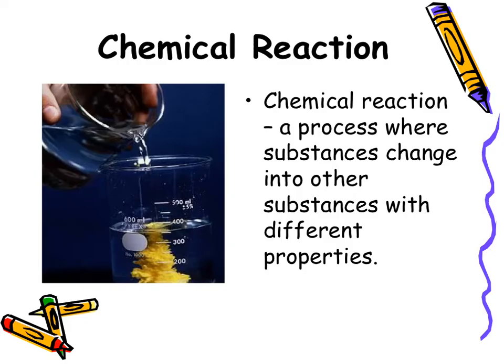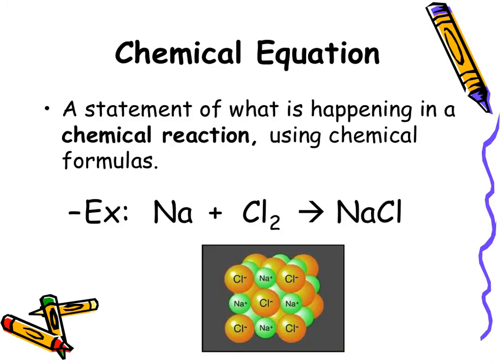So a chemical reaction is a process where substances change into other substances with different properties. So we are creating something new. Chemical bonds are being broken and chemical bonds are being made. This is different from a physical change. This is a chemical change, and we show that using something called a chemical equation. So here's our chemical equation. It's a statement of what is happening in the chemical reaction.